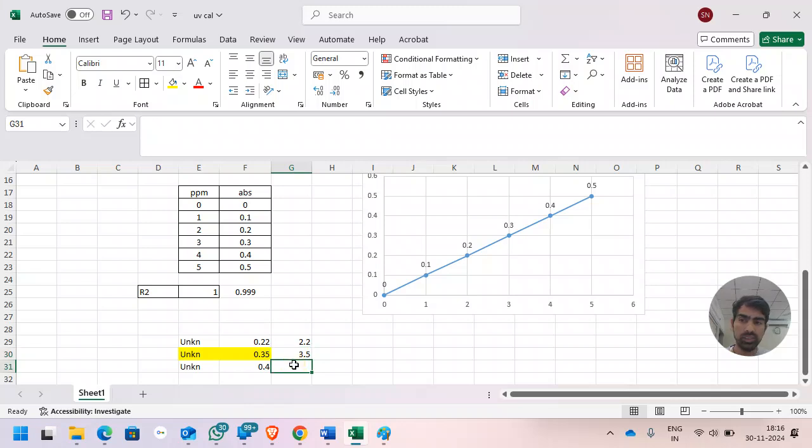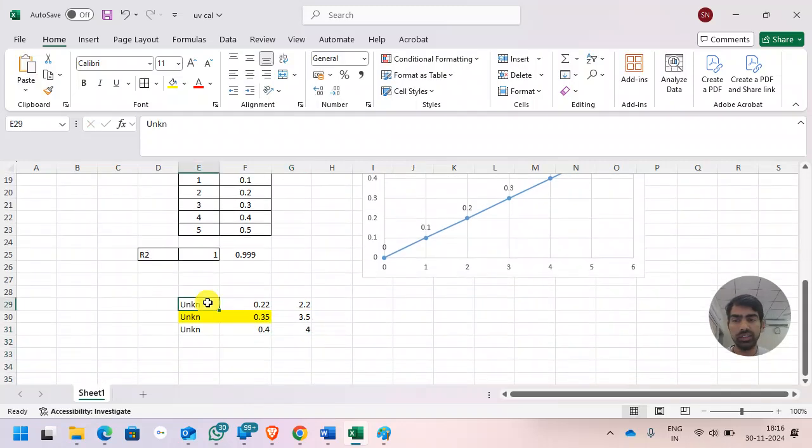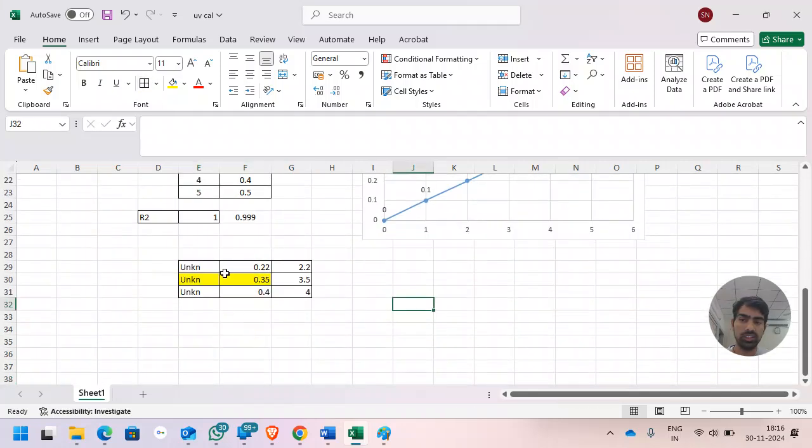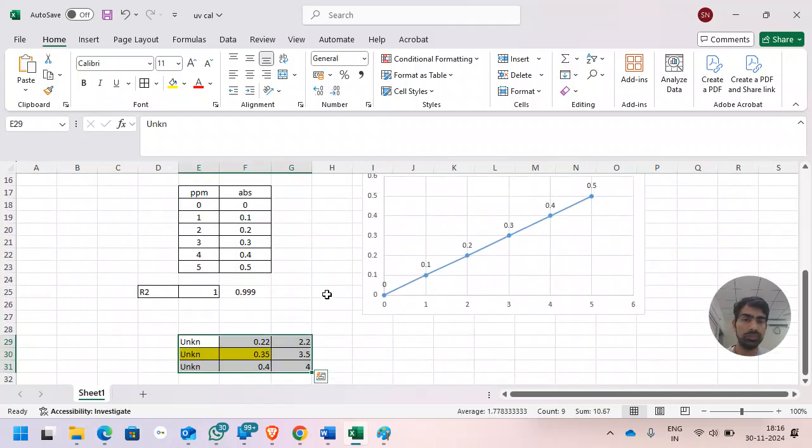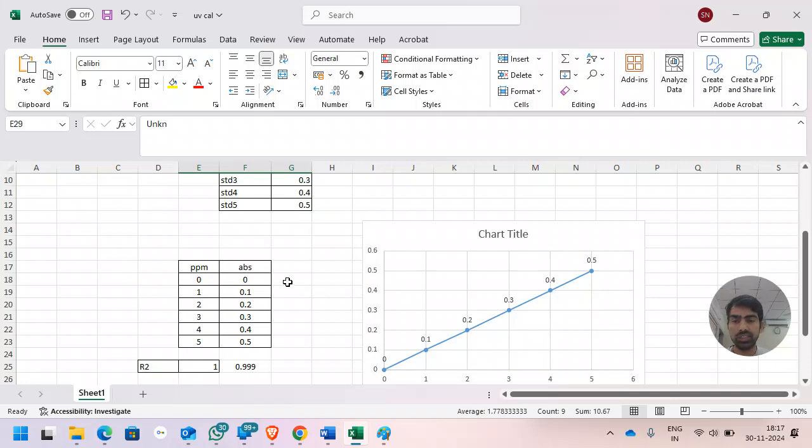For 0.4, we already know, it's 4 ppm. Like that we can find the unknown concentration values. For calculating the unknown value, there is also a formula that can be used. This is the main concept.